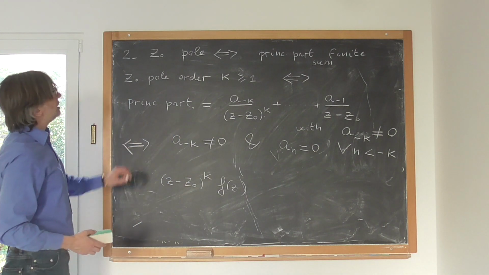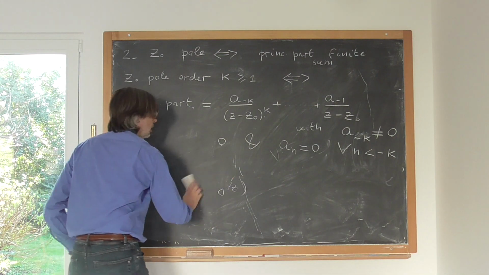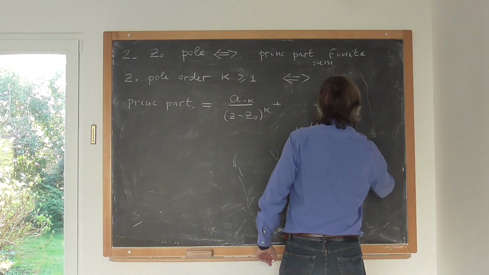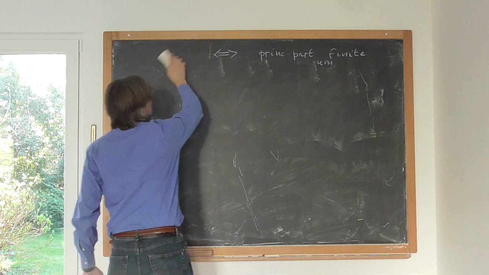Okay, these are poles, and now the last possibility is the possibility of an essential singularity.